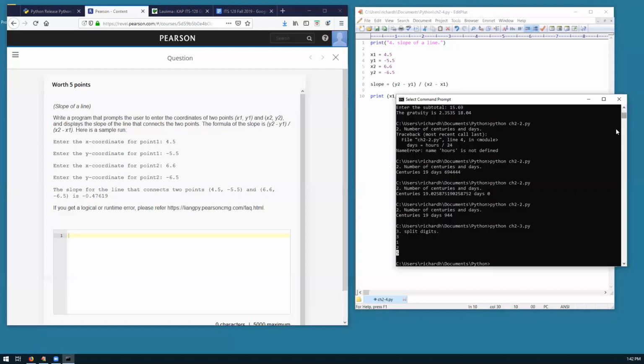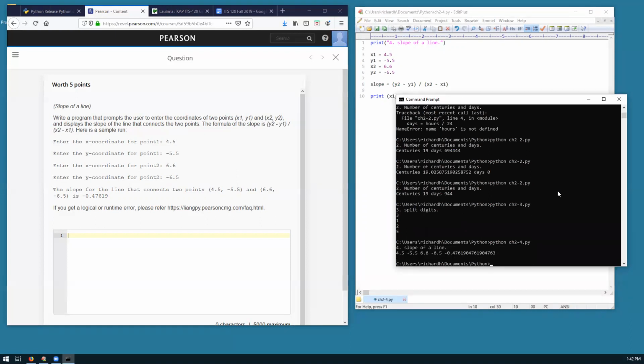So let's run it. It's 4.py. And we see 4.5 minus 5.5, 6.6 minus 6.5, and 0.47619.